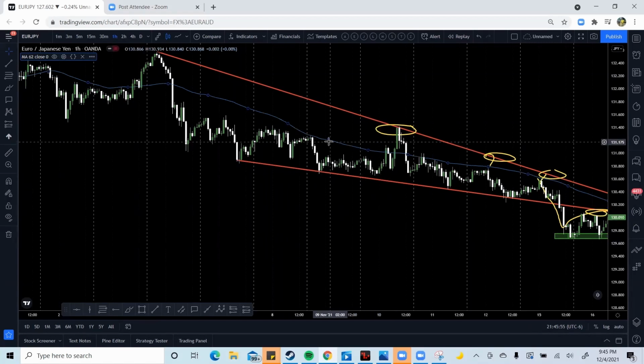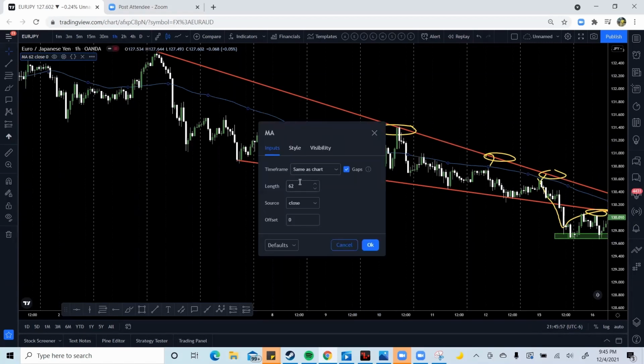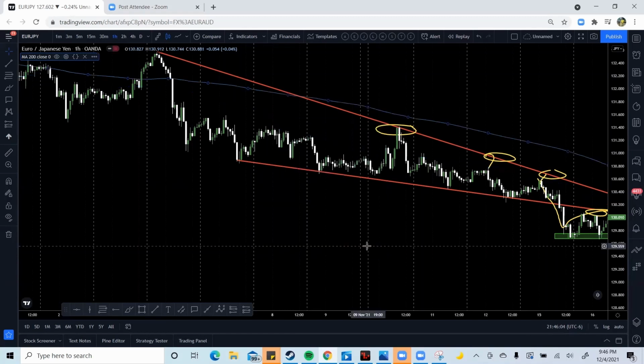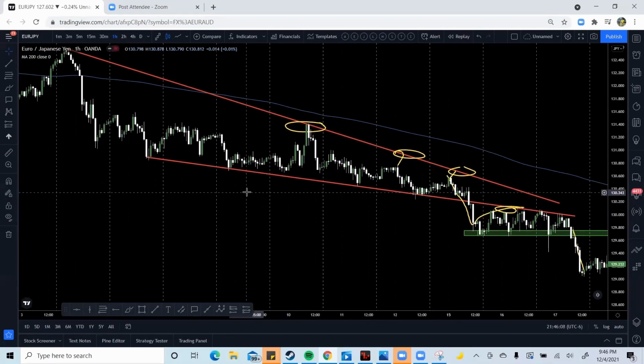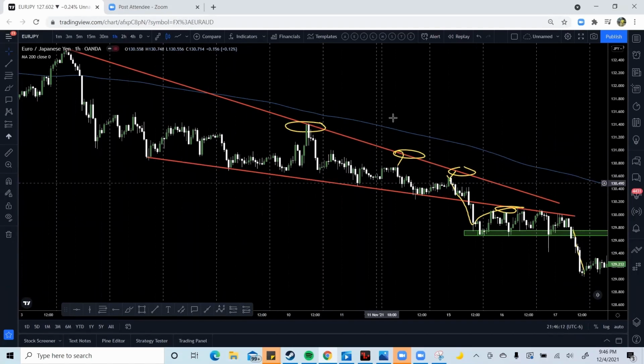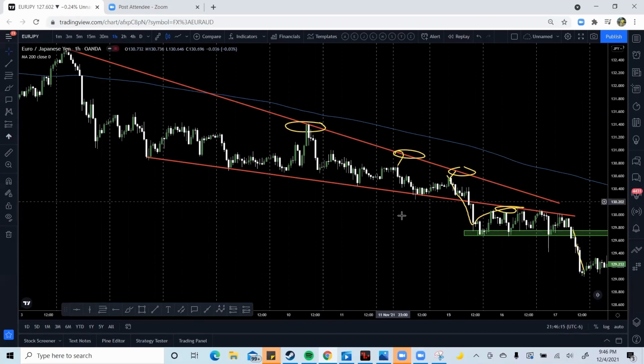But these are different moving averages people like to use, or the 200. 200 is a pretty strong one because it's not as sensitive, and it usually gives good support resistance levels as well as tells trend. Like I said, beneath the moving average, downtrend; above the moving average, uptrend.